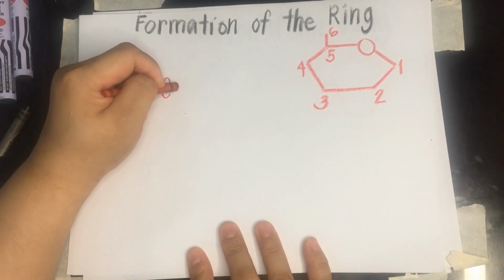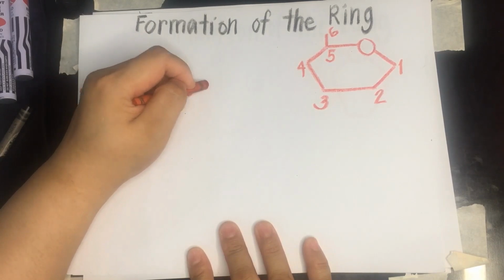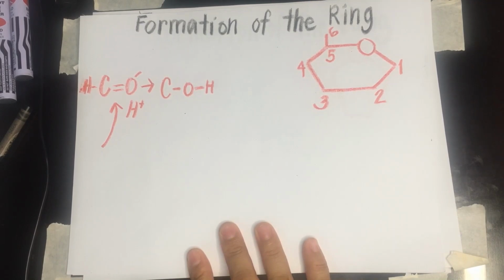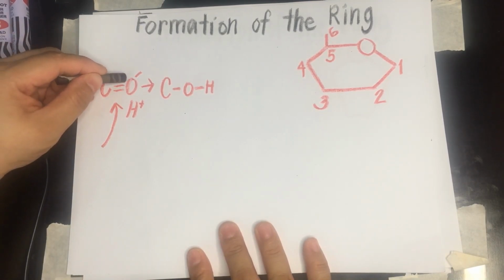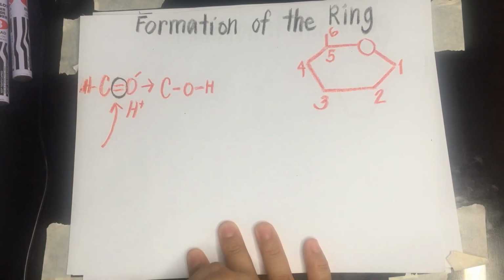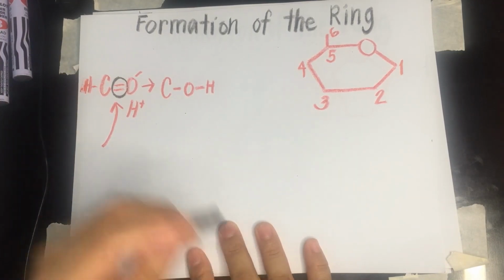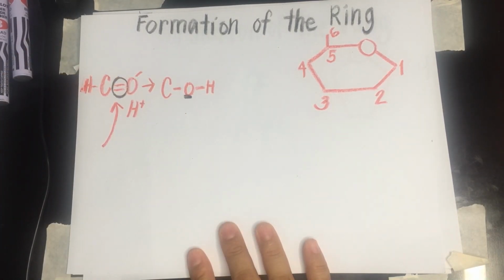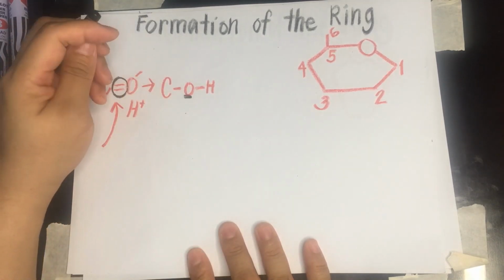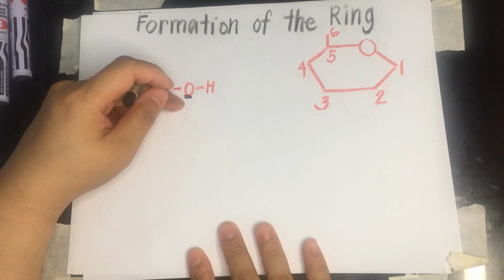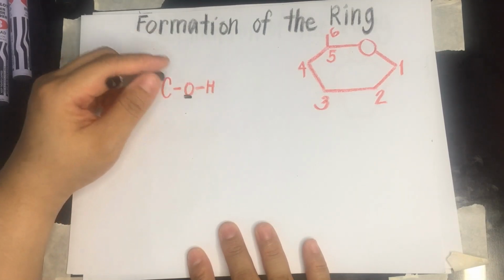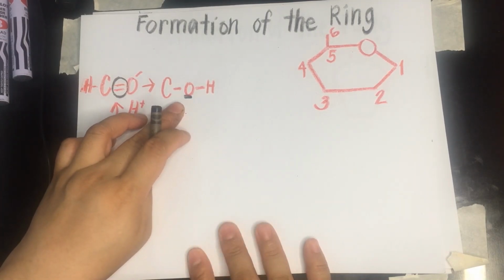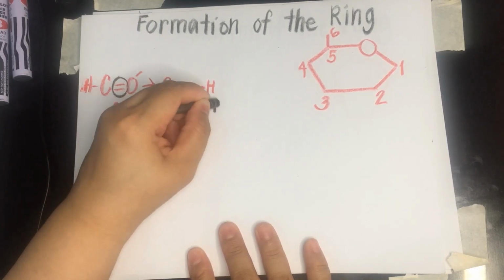The carbon will now bond with oxygen, and oxygen will also bond with hydrogen. If you are able to observe, the double bond is no longer there, because hydrogen was able to bond with oxygen. And so, this oxygen has already given up its double bond in order to have a covalent bond with hydrogen. If we look at the structure, this is now COH.